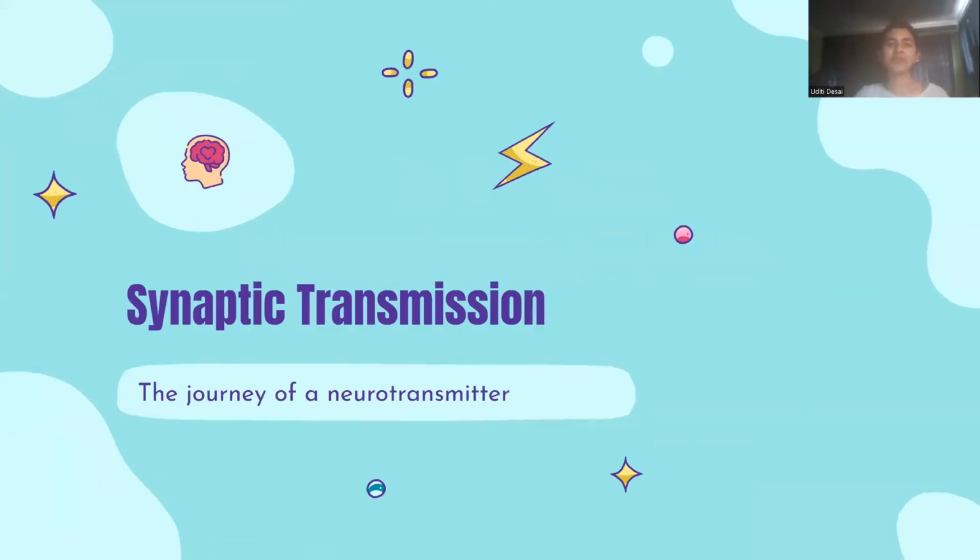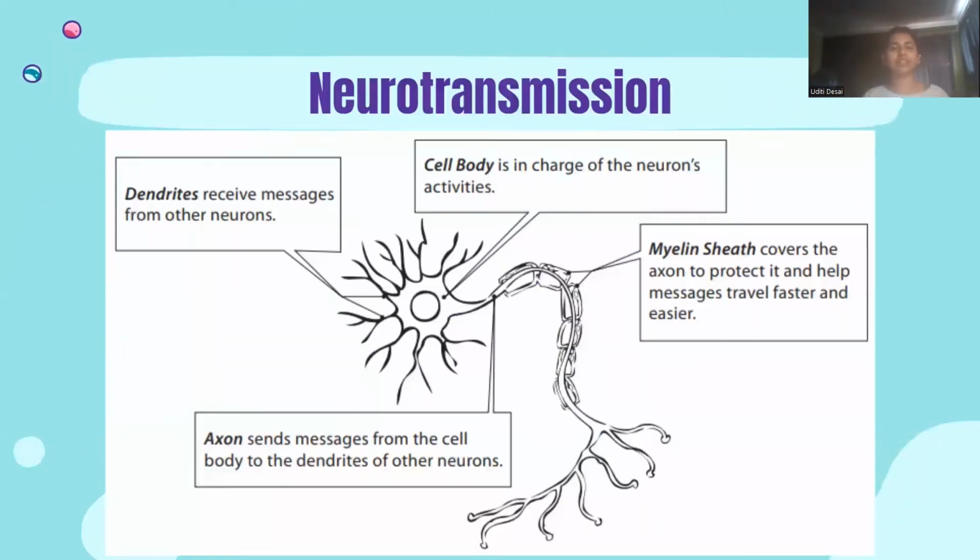So now we will discuss the journey of a neurotransmitter. And it all begins from neurotransmission. Neurotransmission occurs when an action potential travels from the dendrites to the cell body, all the way down to the axon, and over here to the presynaptic neuron.